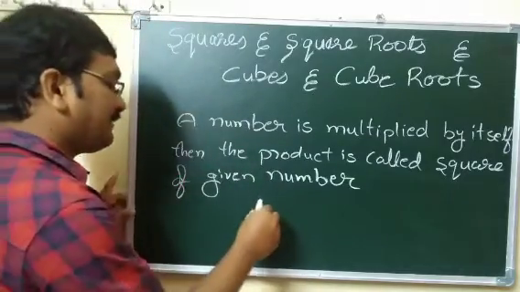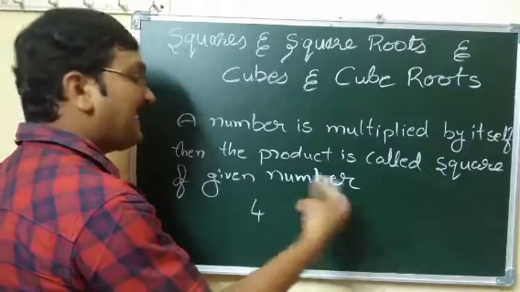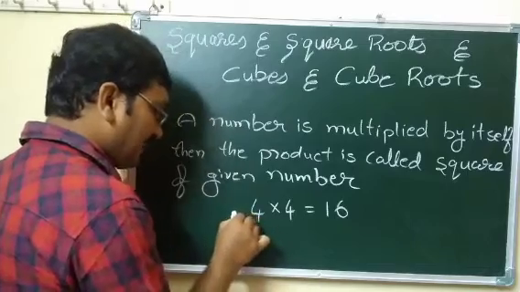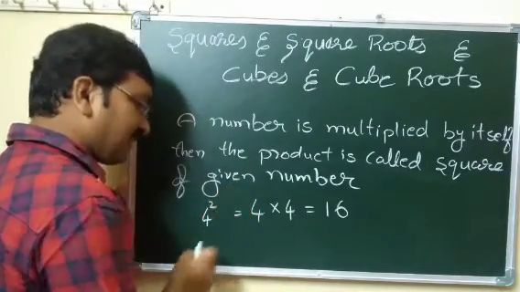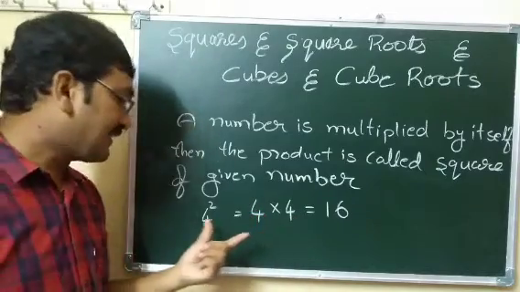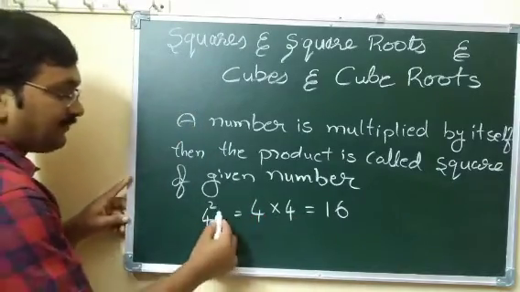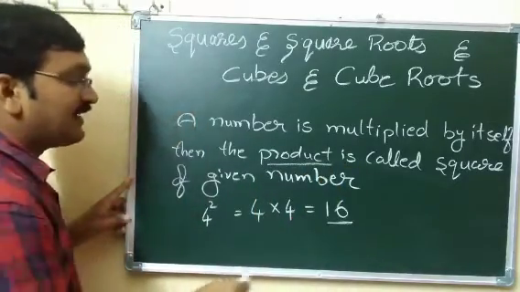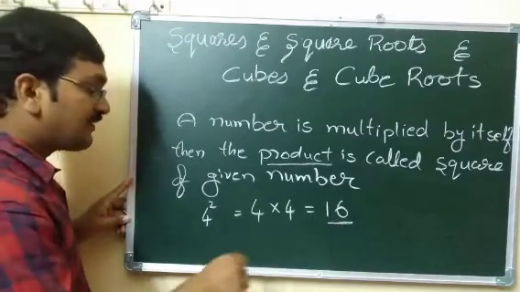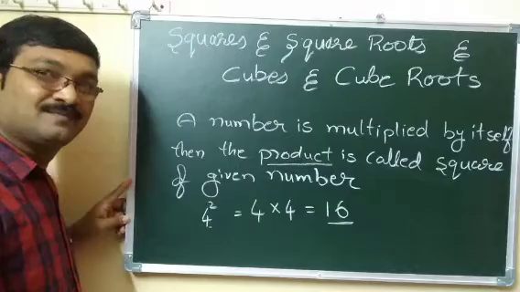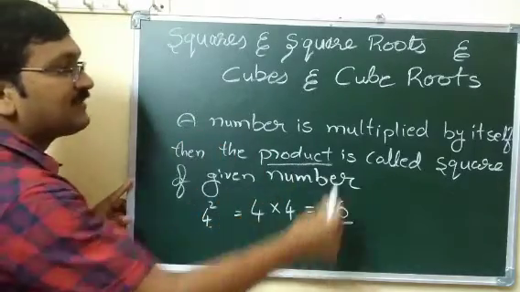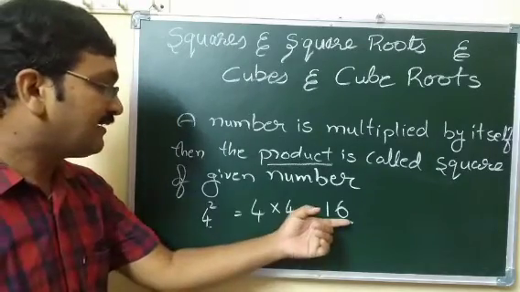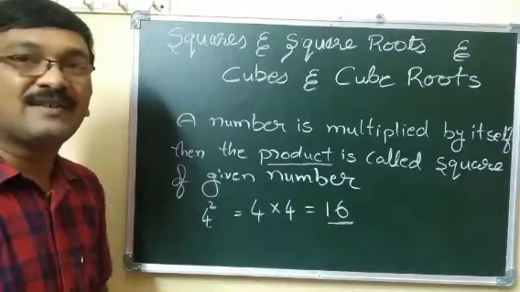Suppose I take the example 4, a number, and multiply it by itself: 4 into 4 is 16. We can write this as 4 square. Here 16 is the product, so that's why it becomes a square, the square of 4. So when a number is multiplied by itself, the product is called the square of the given number.